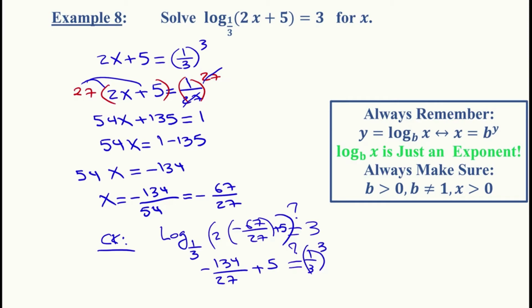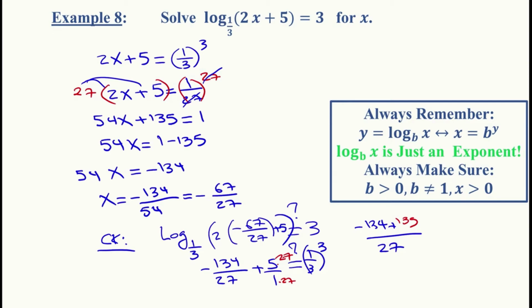So we need to combine these two fractions, so the denominator is 27. So negative 134 plus, now in this other fraction, we have to multiply top and bottom by 27. And we get 5 times 27, which again we know is 135, so that'll go here.